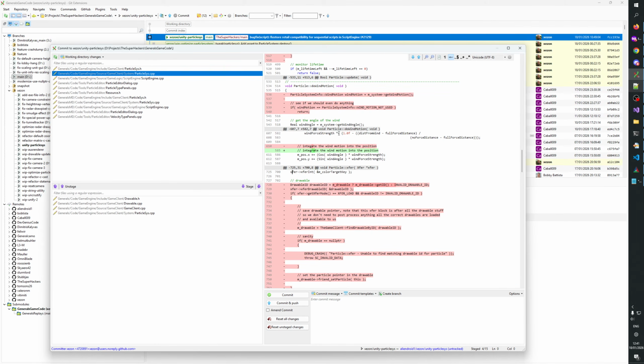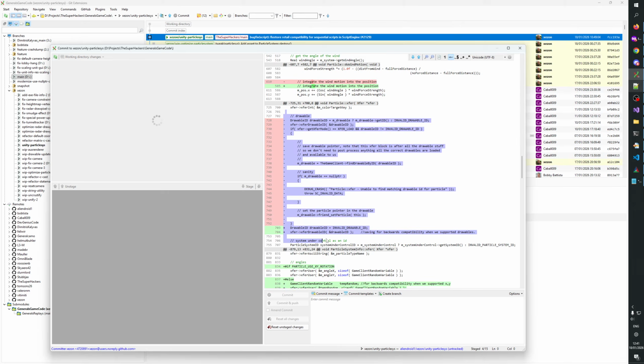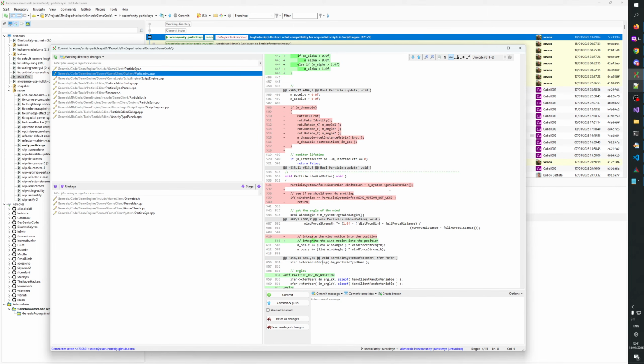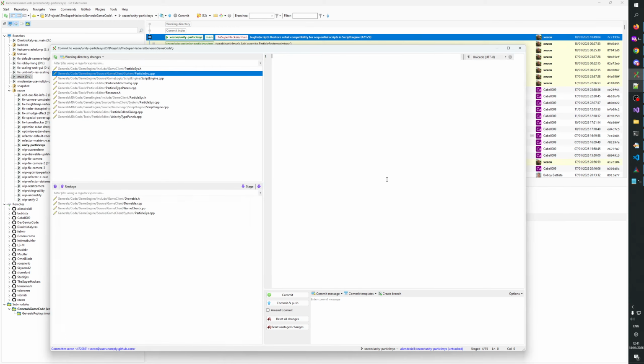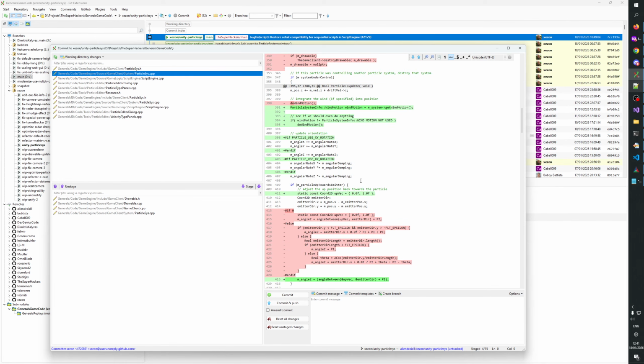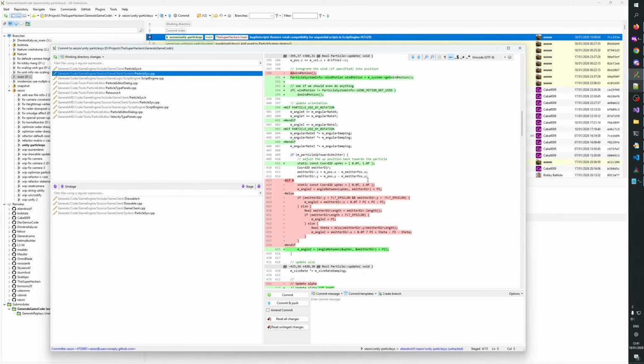We take out this one and these guys, and then this one, and that's it.